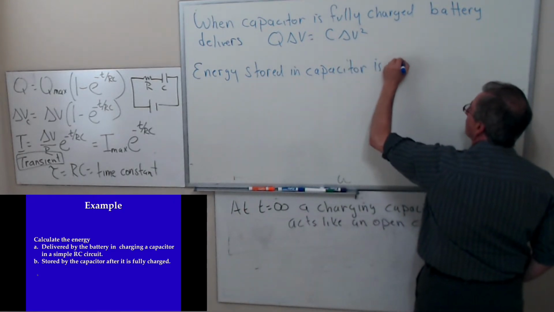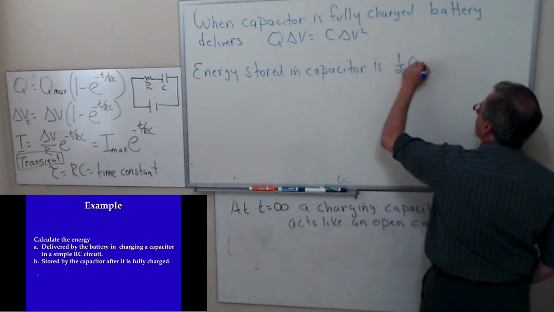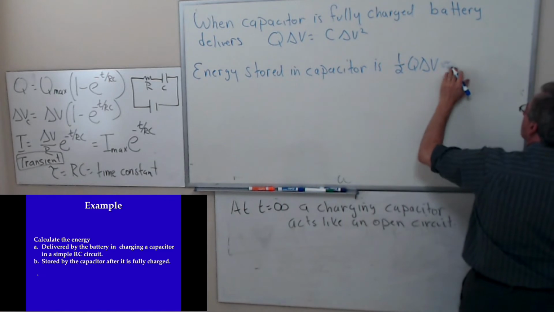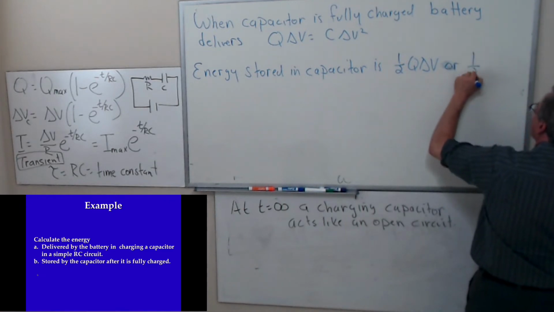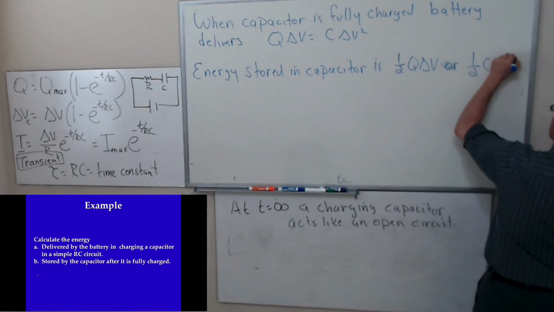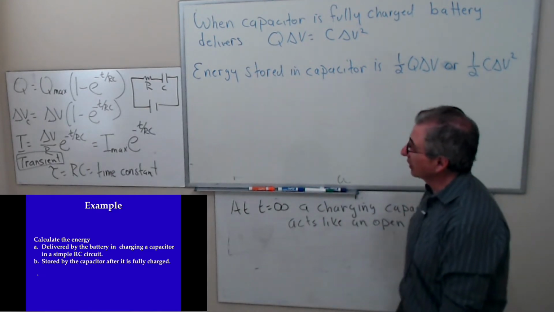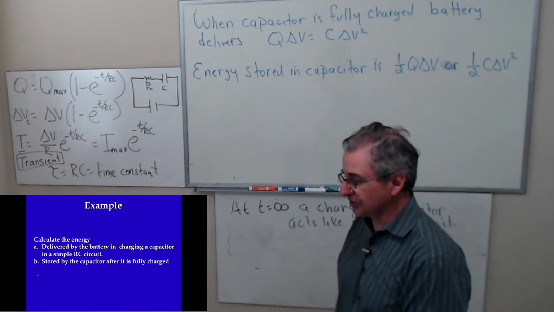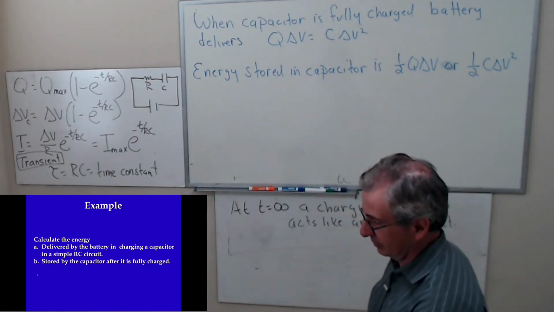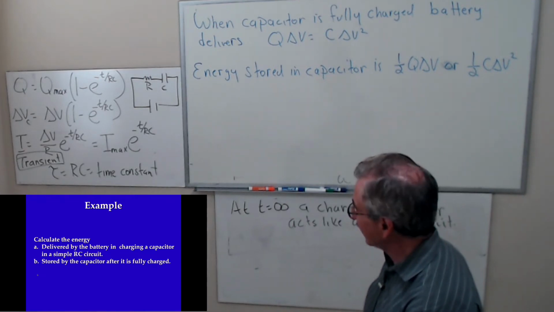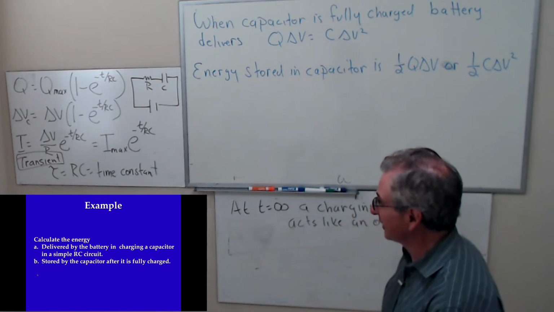It's going to be either 1/2 Q delta V or 1/2 C delta V squared. Only half of it is stored in the capacitor. Where does the other half go? Is it the resistor? Yeah, so let's prove that, right?